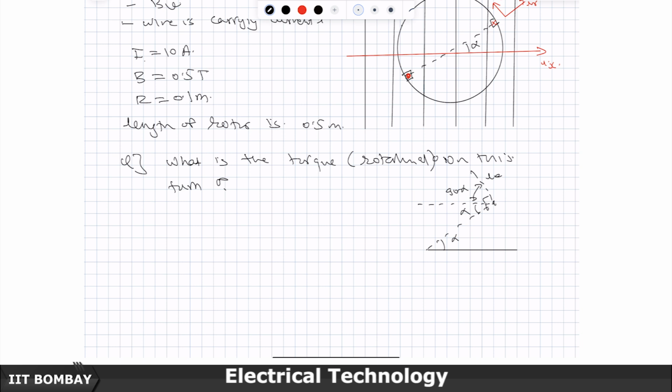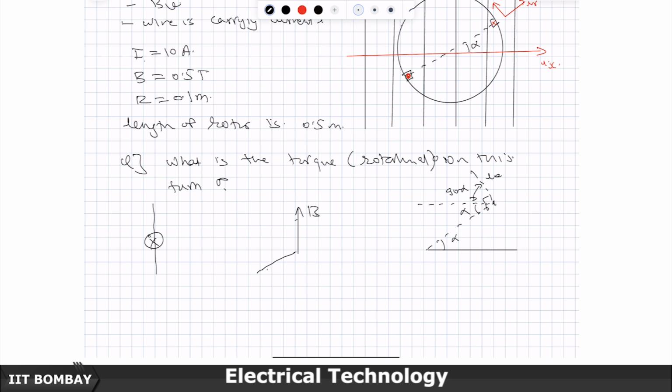Now, B is in this direction, okay. B is directed in this, and what we have to do is, the current is going inwards. So the current direction is given by the cross. So this is my cross direction.